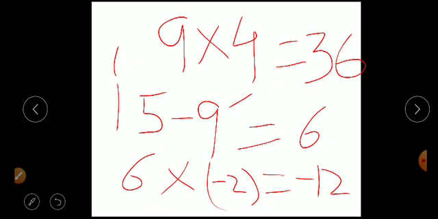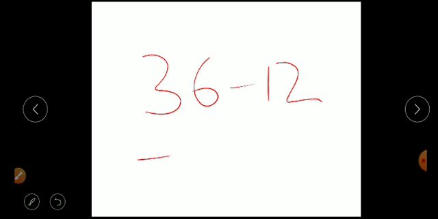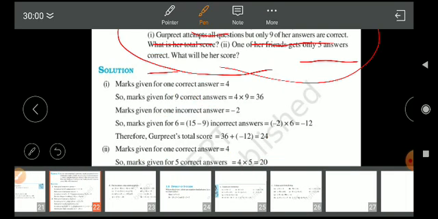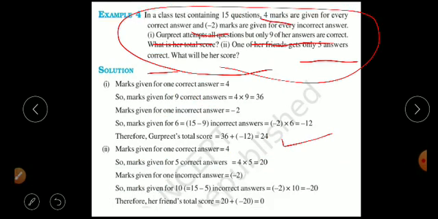So the net total she will get will be 36 minus 12. What is 36 minus 12? 24 will be the correct answer.